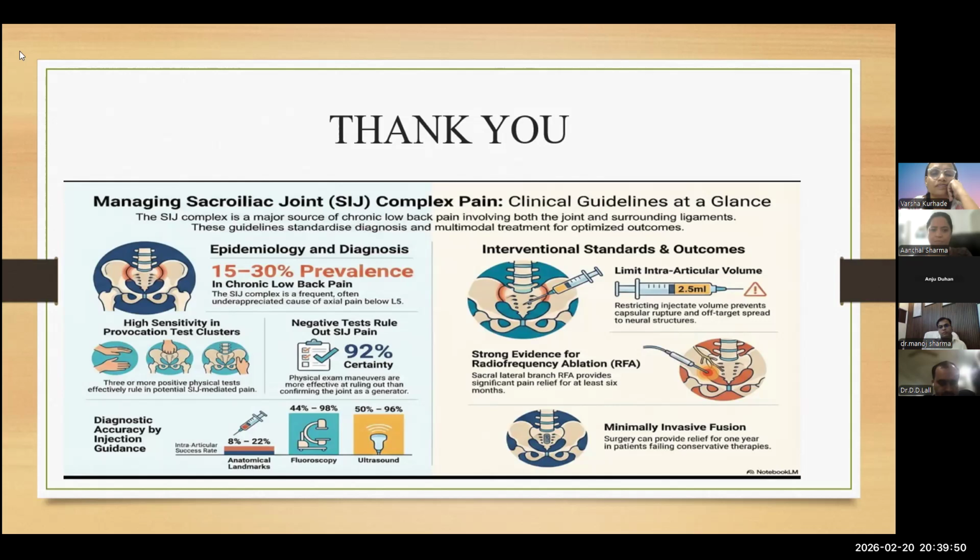Diagnostic accuracy of injection guidance is less by anatomical and more by fluoroscopy and ultrasound. For intervention, we should limit the volume to 2.5 ml. There is strong evidence for lateral branch RFA, and also 1 year relief with minimally invasive fusion in very carefully selected patients.